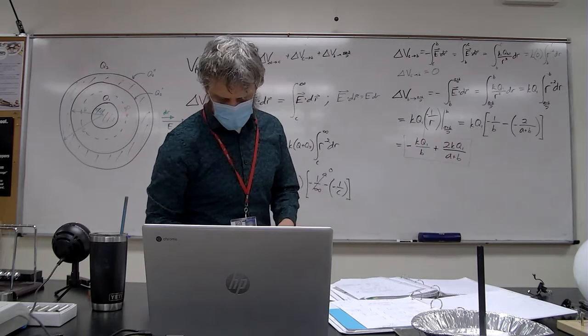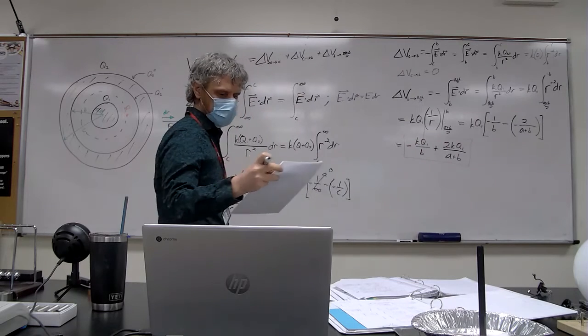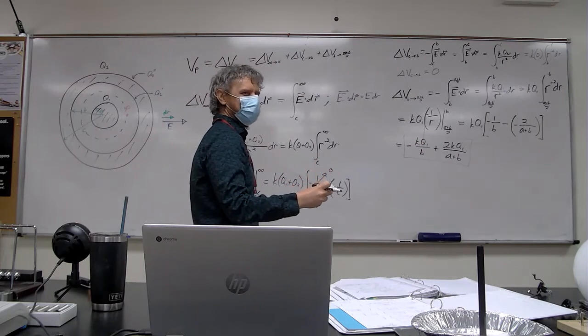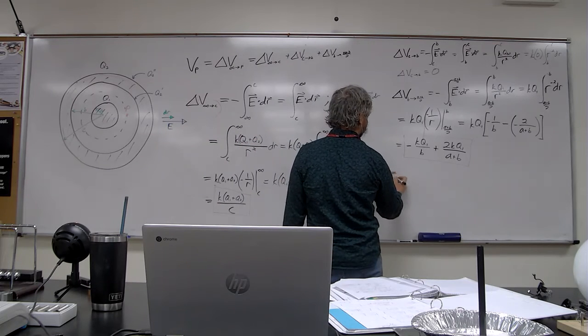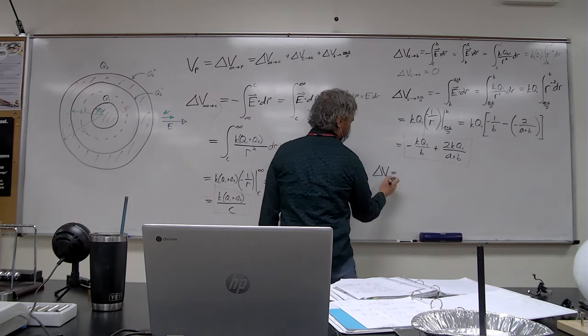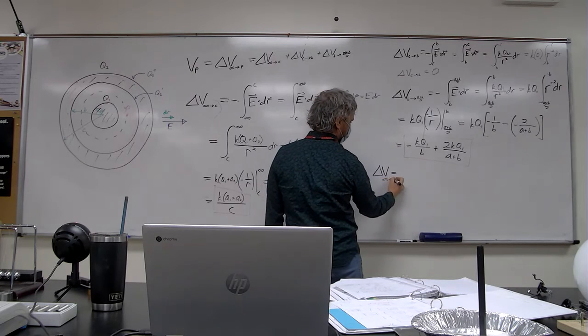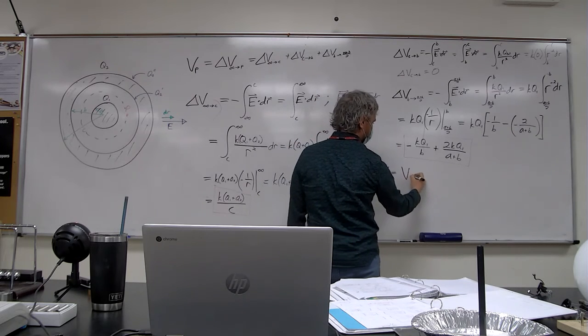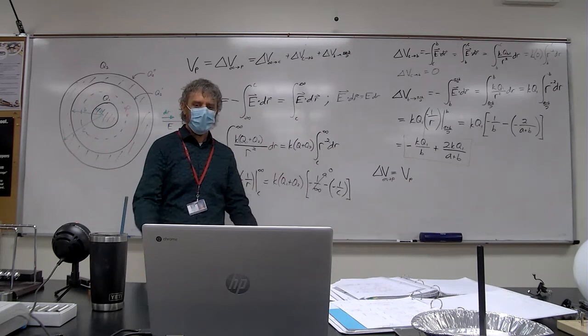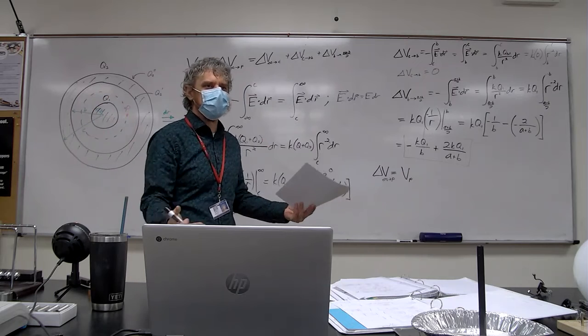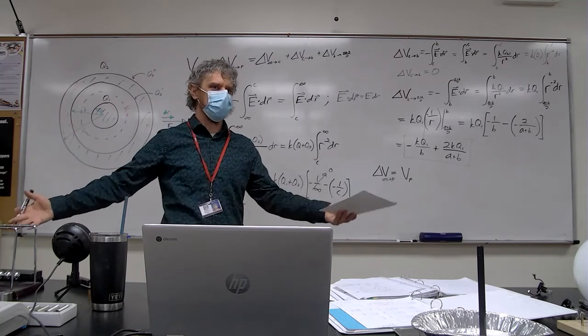And then if I just add those together, so the potential from infinity to point P is just the potential at point P, right? When you say it's the potential, it's still a potential difference. It's just the potential difference between infinity and that location.